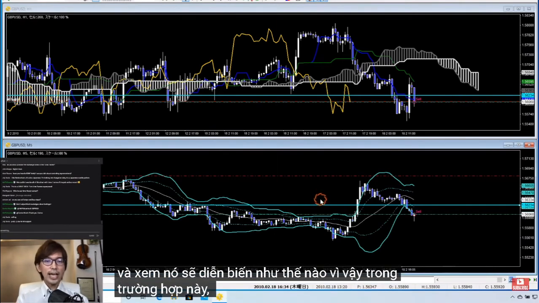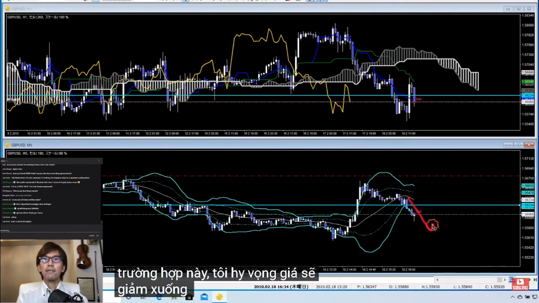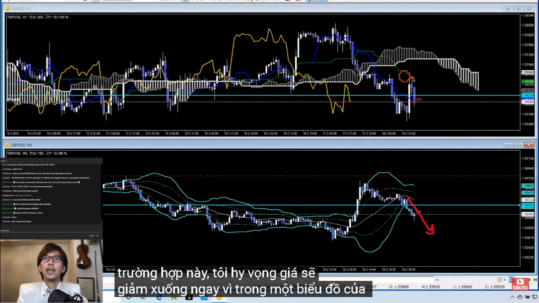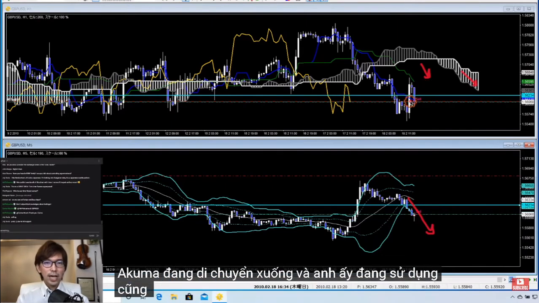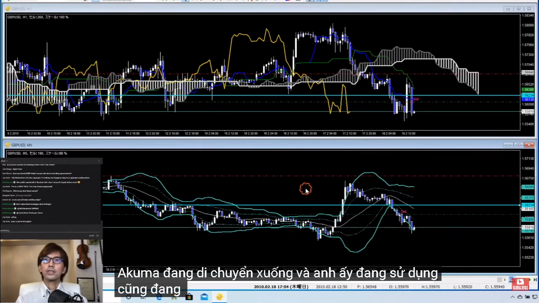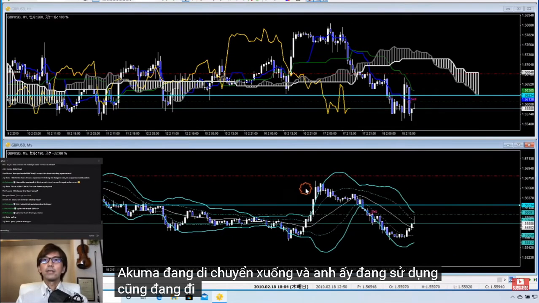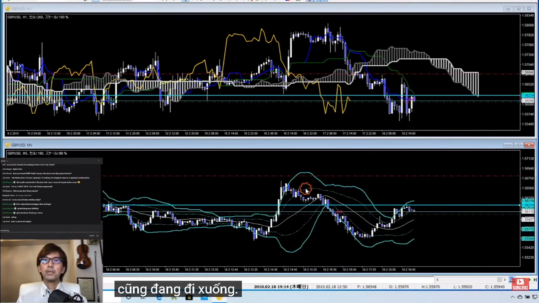So in this case, I expect the price will break downwards, right? Because in 1 hour chart, right, Kumo is moving down and Kijun Sen is moving down too. So let's see. Okay, now it's going up.